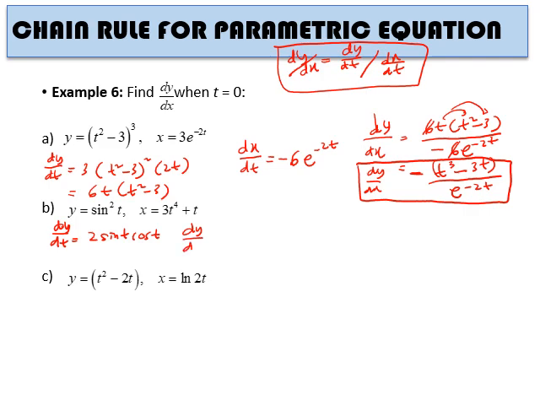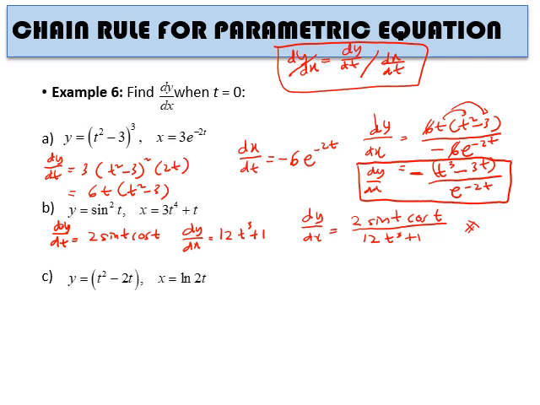Dx over dt will be 12t to the power 3 plus 1. So your dy/dx is just dy/dt over dx/dt. So 2 sine t cos t divided by the denominator, 3 squared plus 1. That's it. You can just stop there.